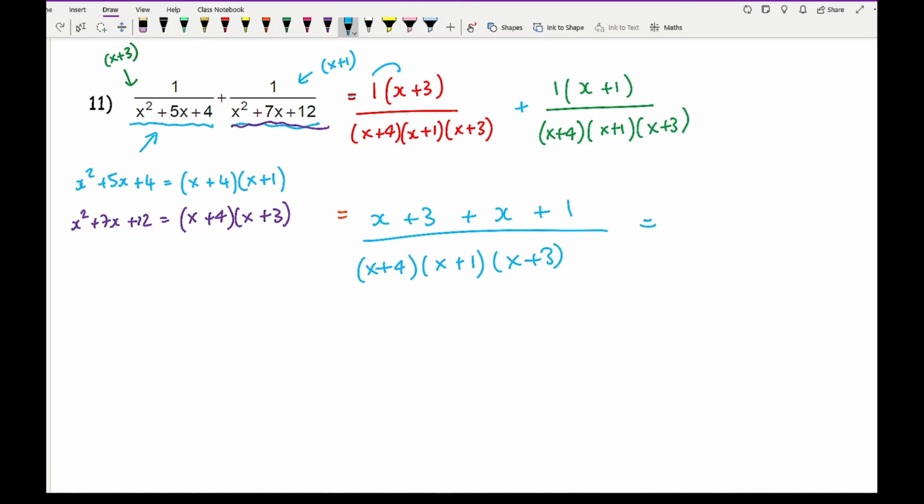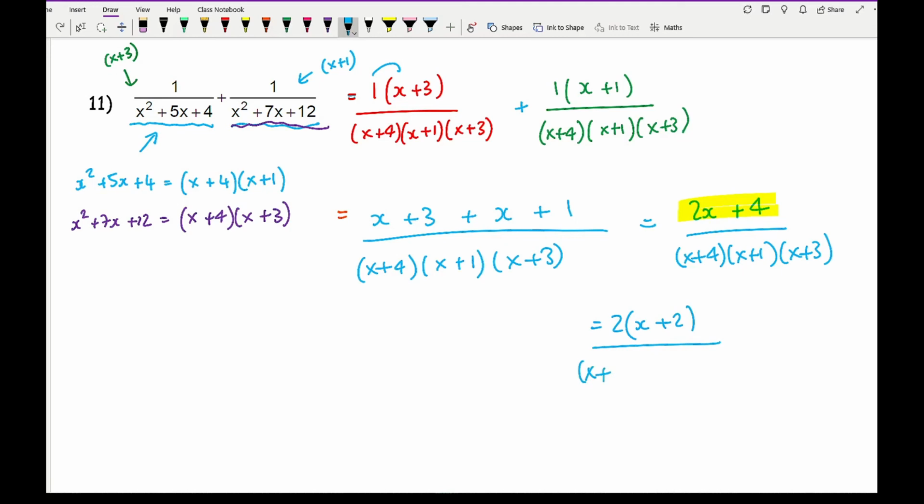Simplifying the top, I get 2x plus 4 over x plus 4, x plus 1, x plus 3, which I then can factorise the top, leaving me with 2 times x plus 2 over x plus 4, x plus 1, x plus 3, and then just check, can I cancel any of the brackets? No, I can't, so that there is my final answer.